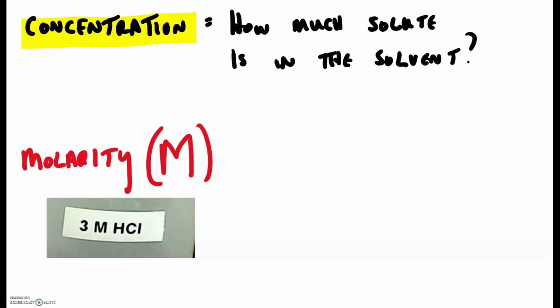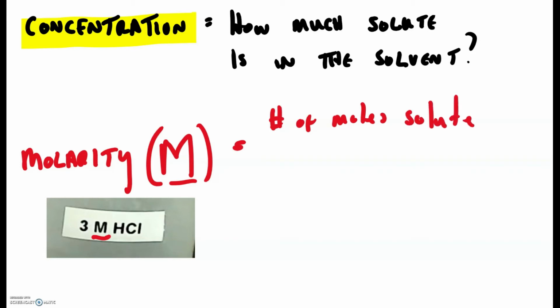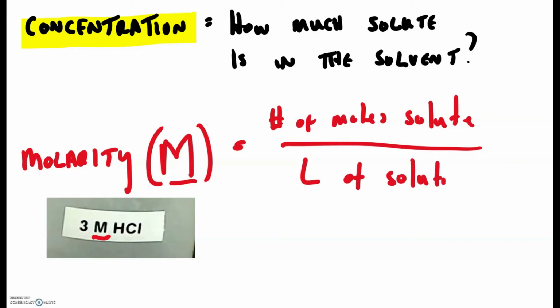And if you recall, I said that this is a 3 molar solution of hydrochloric acid and that it is very dangerous. This, capital M, is this. And what it means is number of moles of solute, what we are dissolving, per liter of solution.